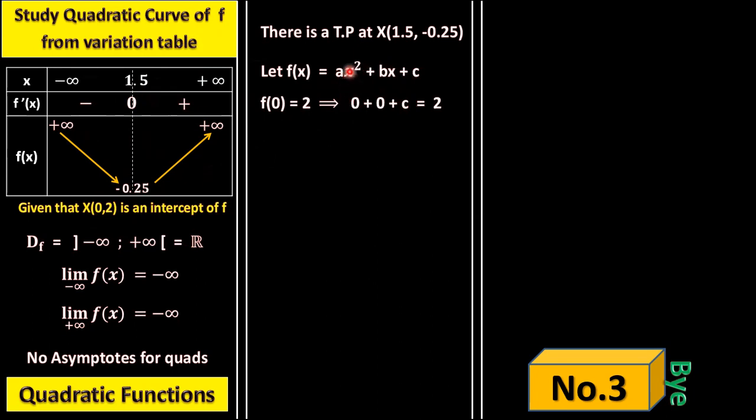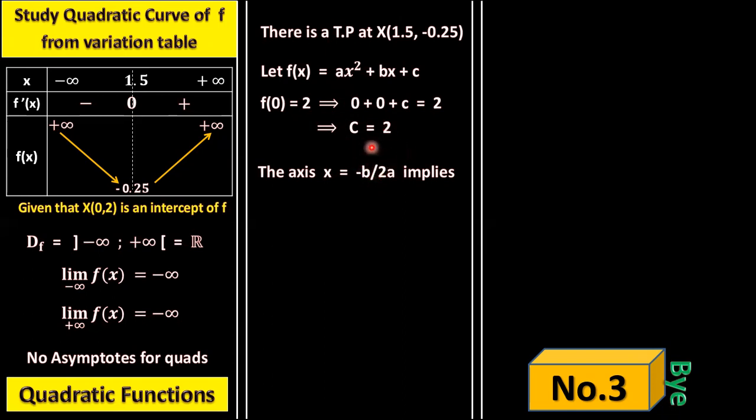It means a into 0 squared plus b into 0 plus c should be equal to 2. From here, we see that we already have the value of c to be 2. So how do we then get the other values? The next thing we're going to do is, we know that the axis of symmetry is always given by negative b on 2a.